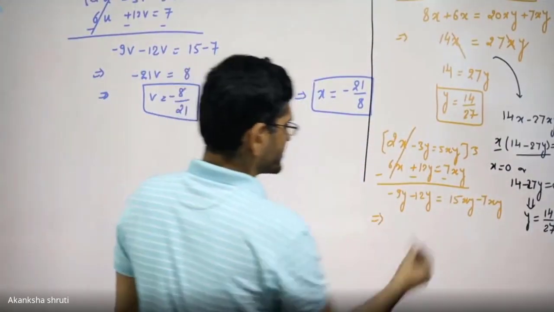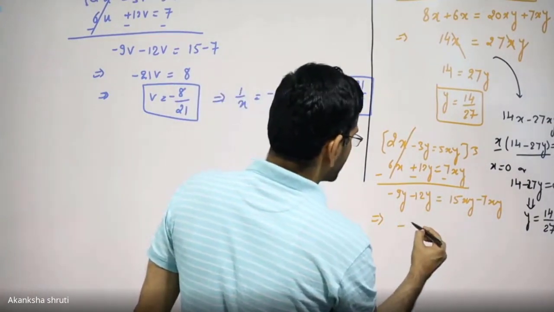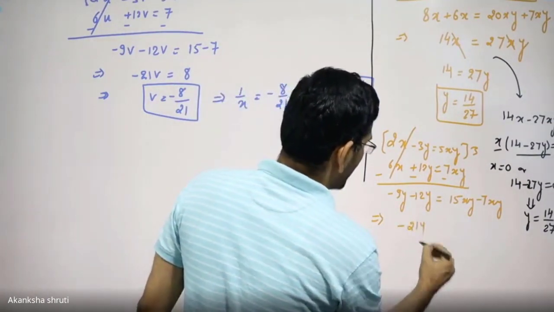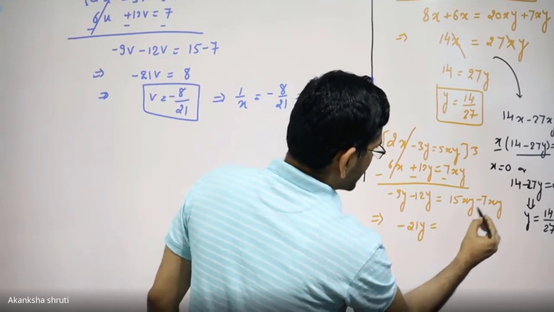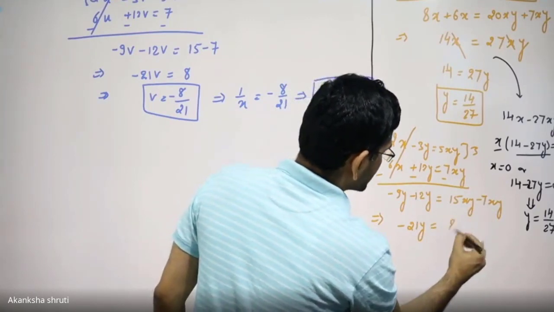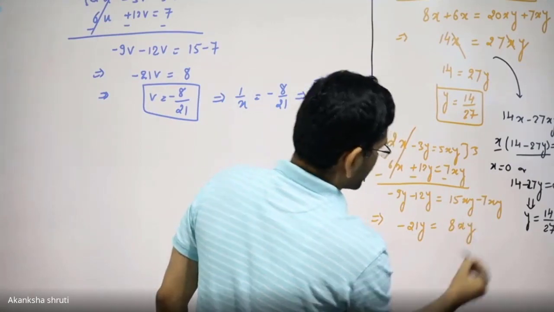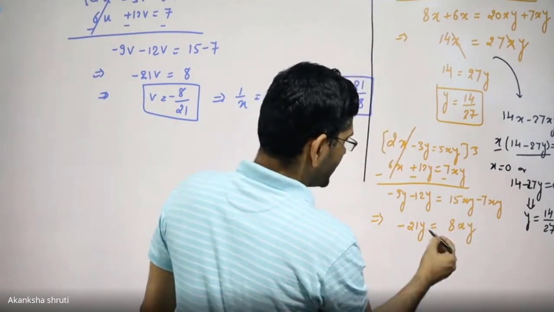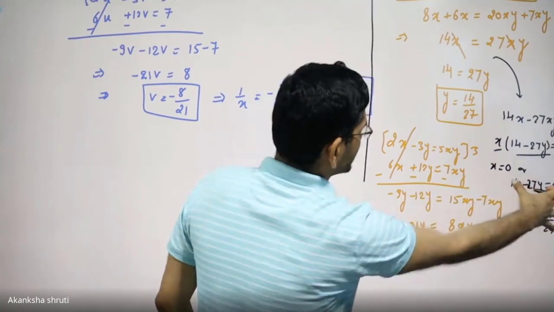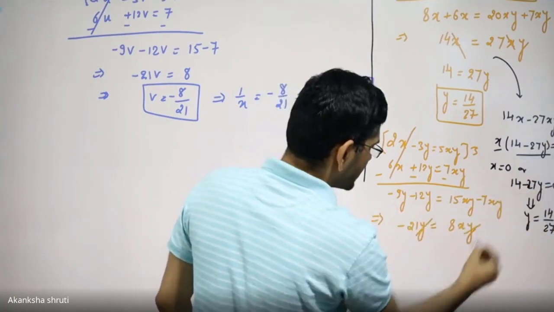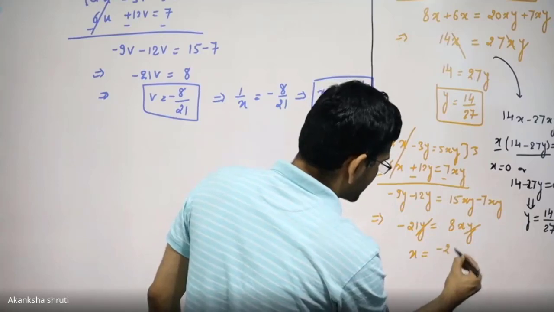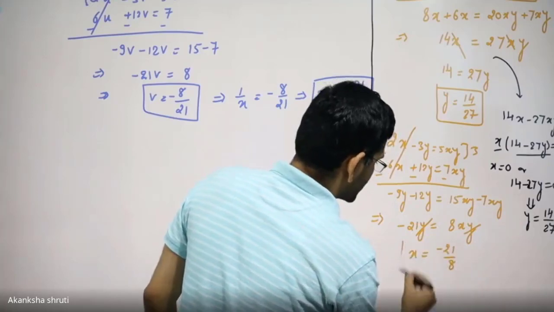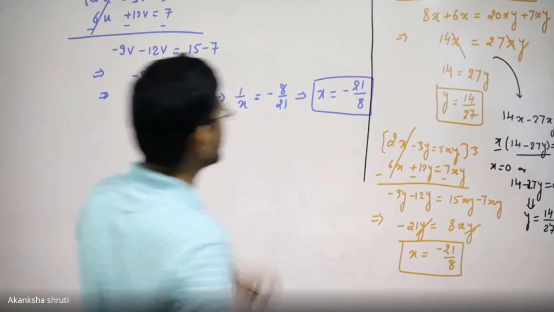This implies minus 21y is equal to 8xy. Here we are getting, either apply this technique or cancel this y, you will be left with x, and the x value will be minus 21 by 8, the same that we were obtaining here.